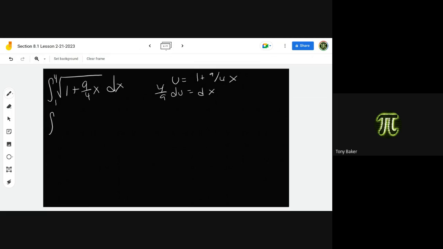So I have the integral of the square root of u, which I'm actually just going to replace as u to the 1/2 du. And then I have the 4/9 out in front. So what's the integral of u to the 1/2?